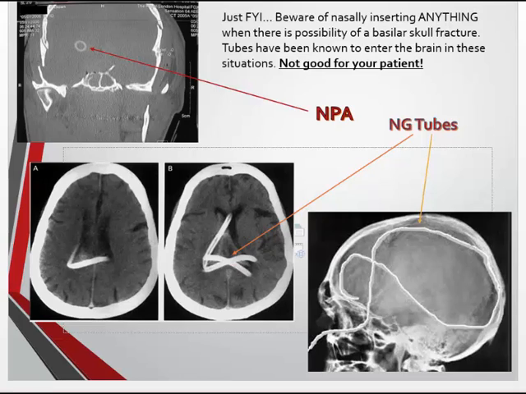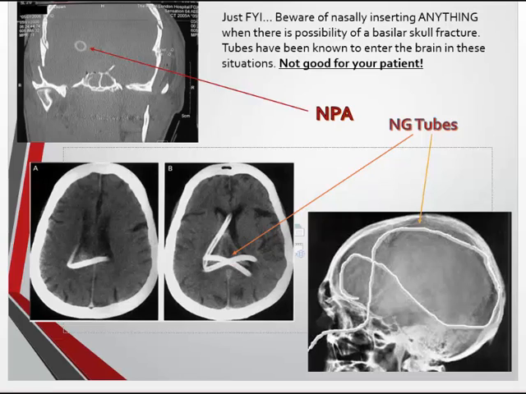Be advised, if you have a patient who's got facial trauma, possible skull fracture, good whack to the head, there's bleeding from the nose or mouth or anything that would indicate that there's a possible skull fracture, especially a basilar skull fracture, don't put anything in their nose.